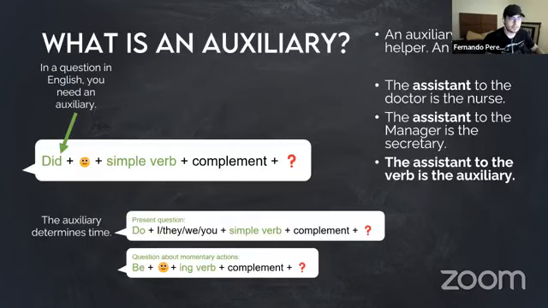Example about a question in present. Do you have an iPhone? Here you have the auxiliary do and the verb have in present.